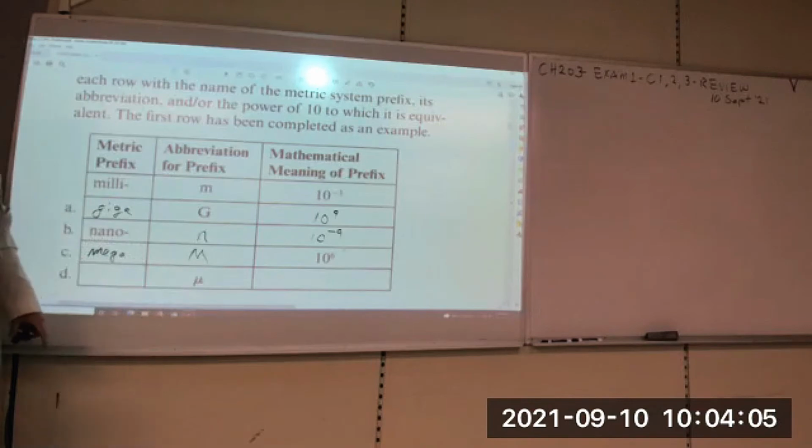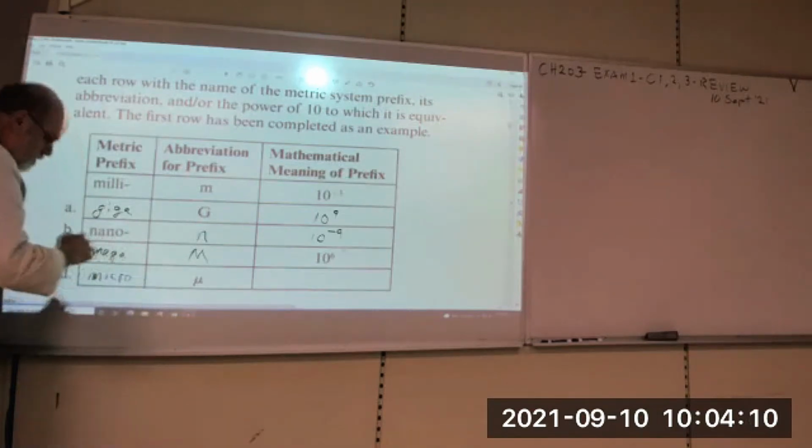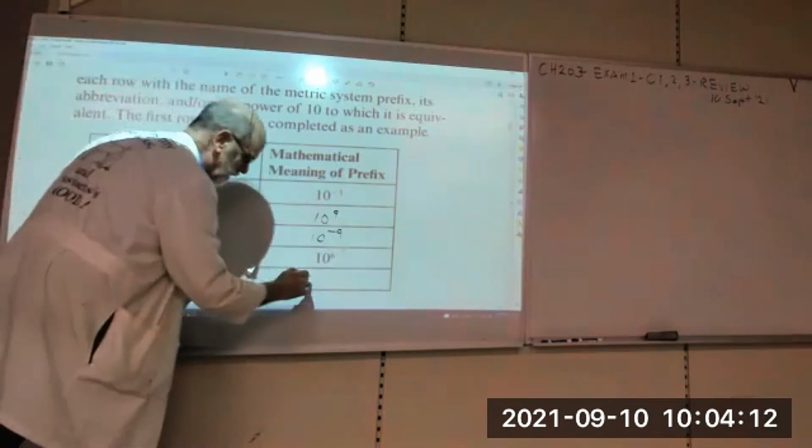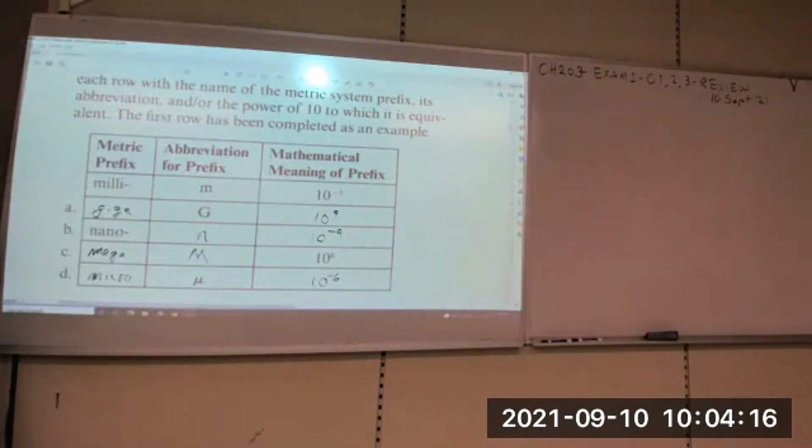And it means micro. And it stands for 10 to the minus 6th, or a millionth of. Okay.